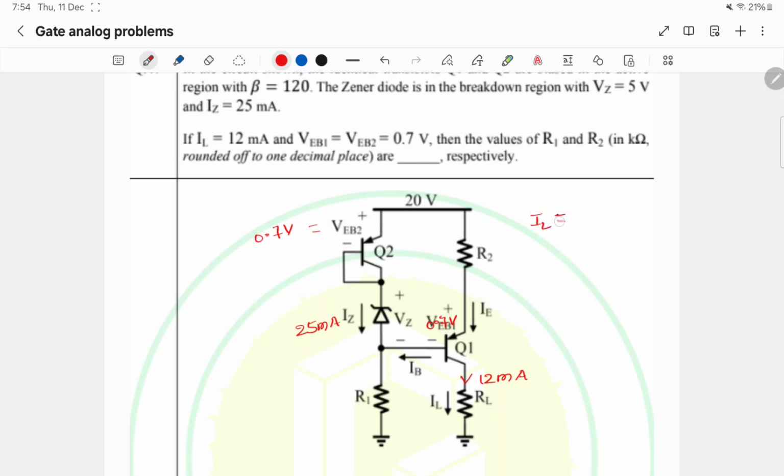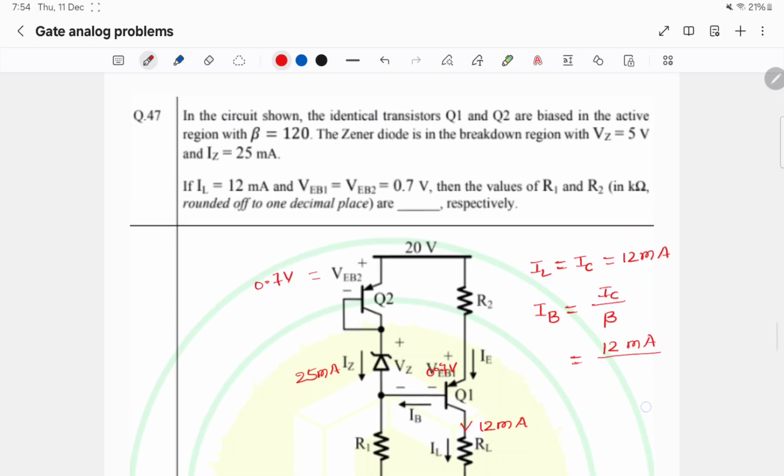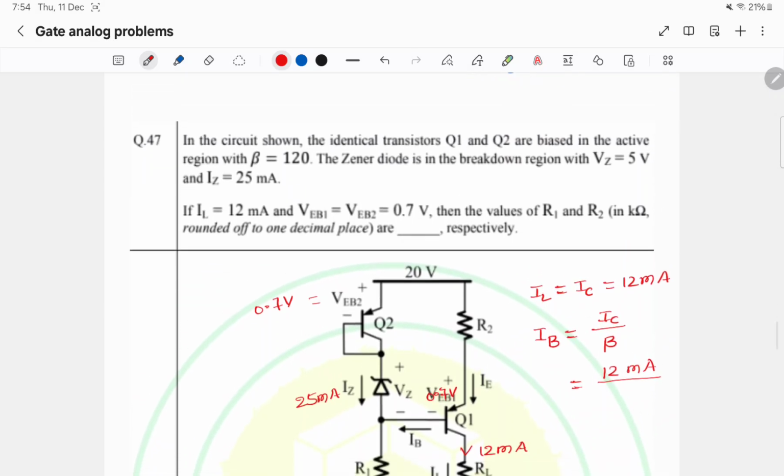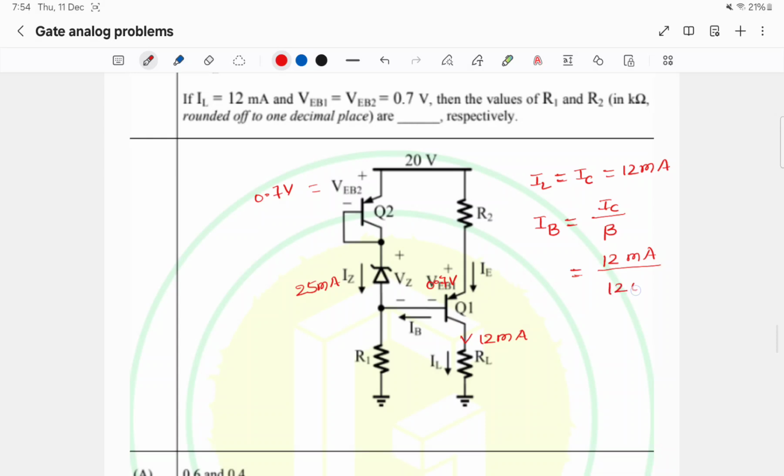IL is nothing but IC, that is 12 milliamps. From this we can find out IB. IB is nothing but IC by beta, 12 milliamps by beta, which is 120, that is 0.1 milliamp.